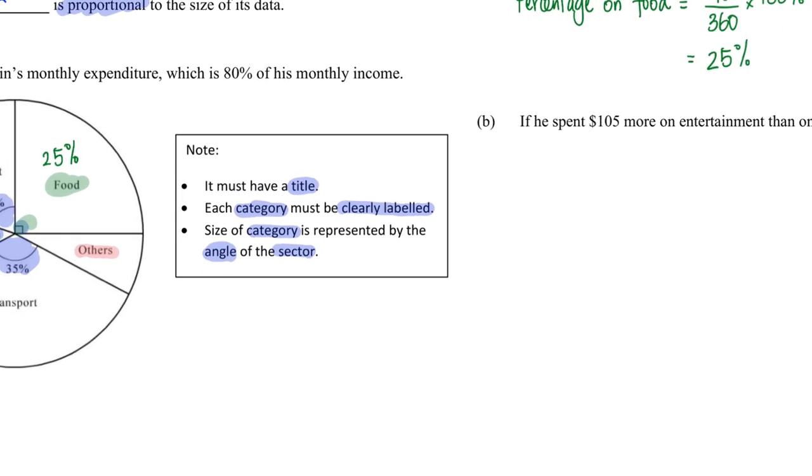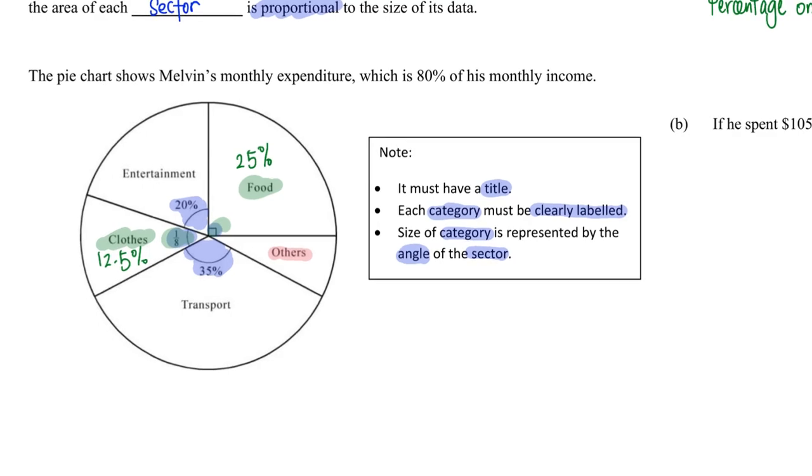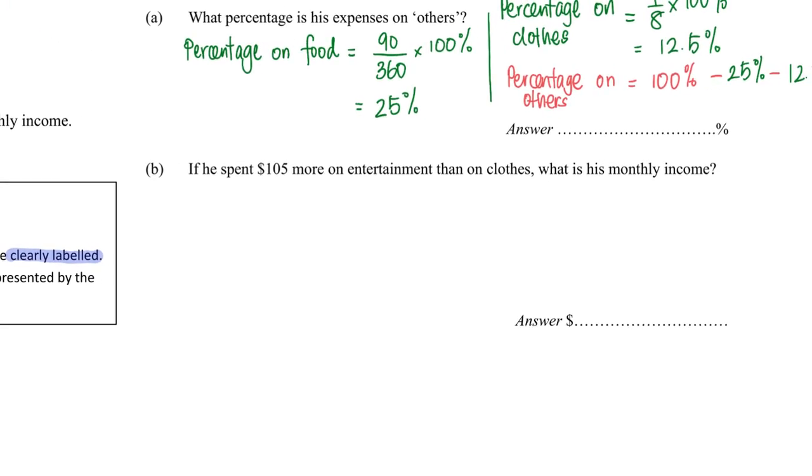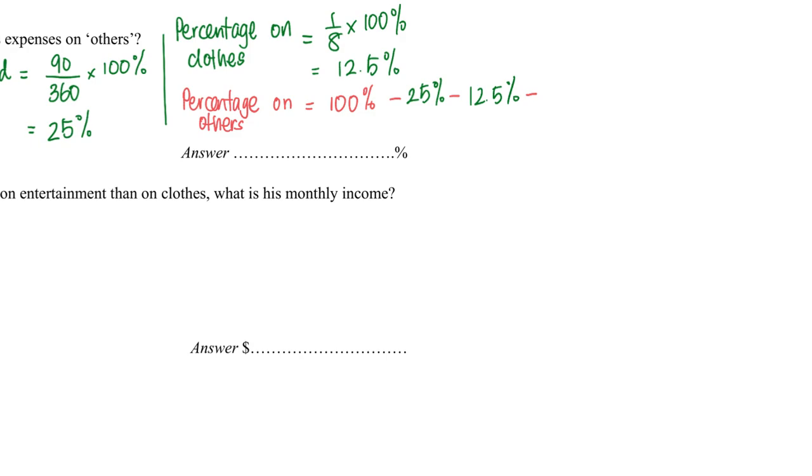What else? 20% entertainment, 30% transport. To give me the final answer, 7.5%.